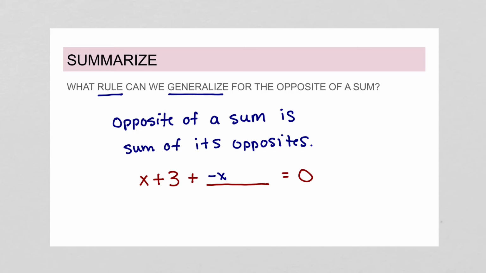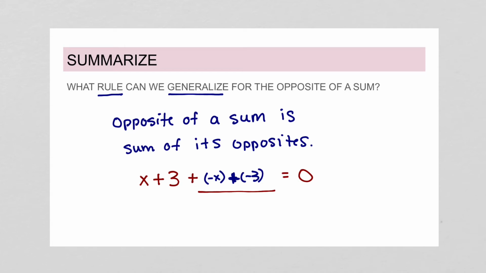If we added it together, plus a negative 3, right? That's messy. Let me make that a little bit cleaner. So the opposite of x is negative x, and the opposite of 3 is negative 3. Okay, so is this the sum of its opposites?